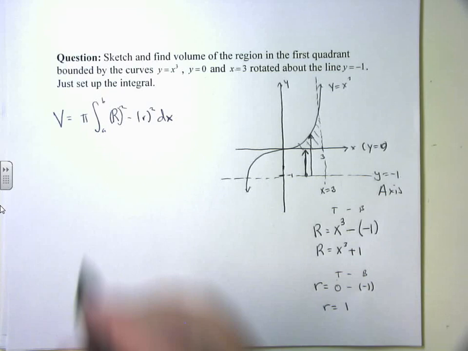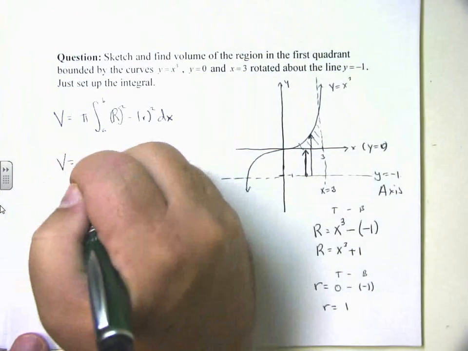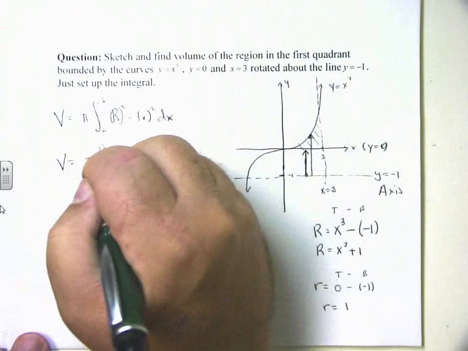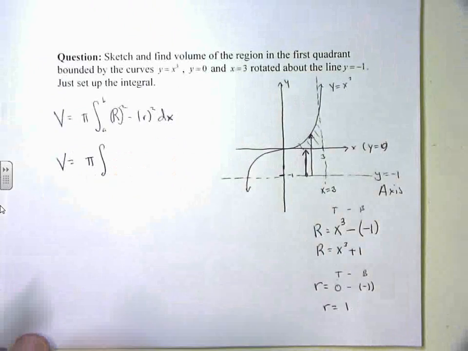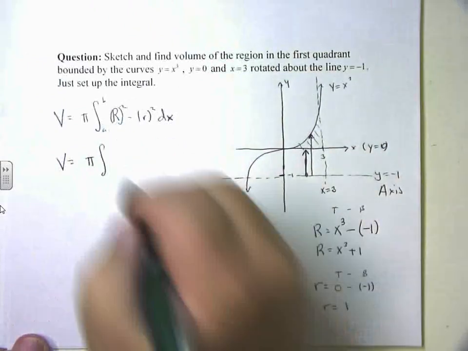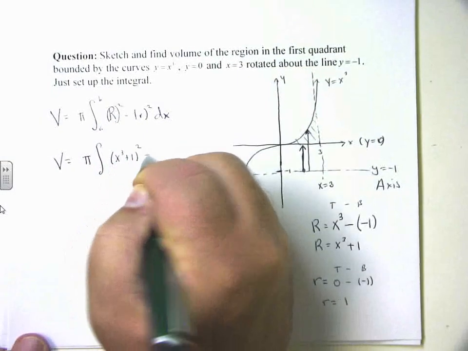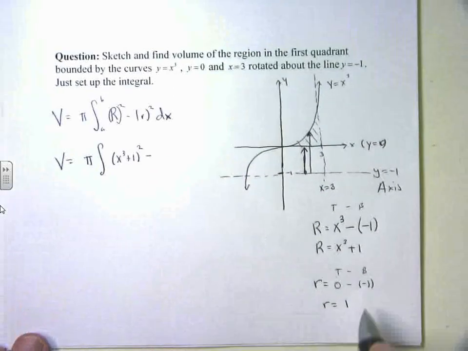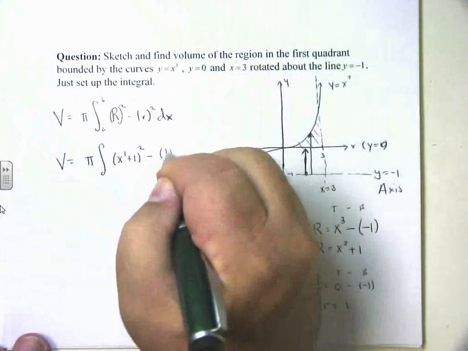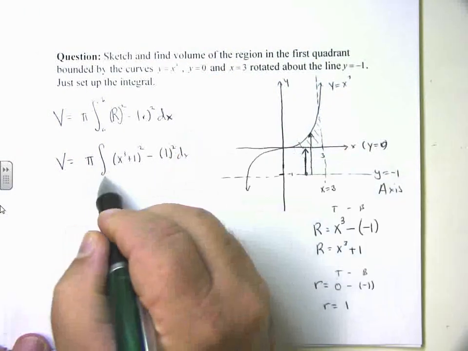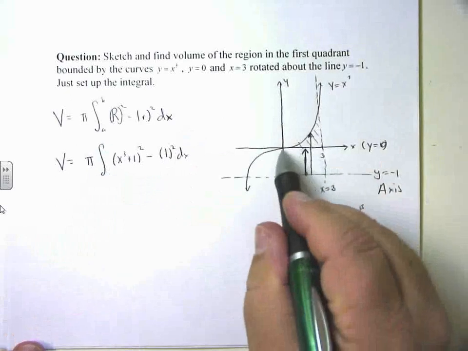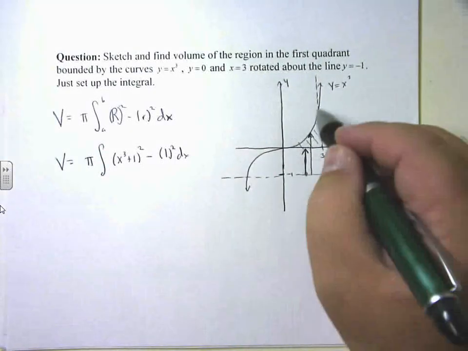So my volume would be pi times the integral of the big functional radius, which is x cubed plus 1 squared, minus my little functional radius, which is 1 squared, dx. And now a and b are my bounds on my points of intersection of my region.